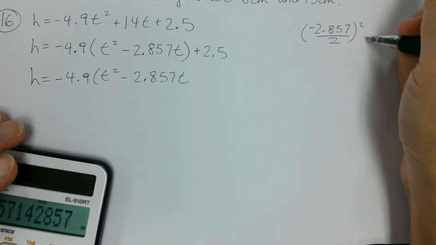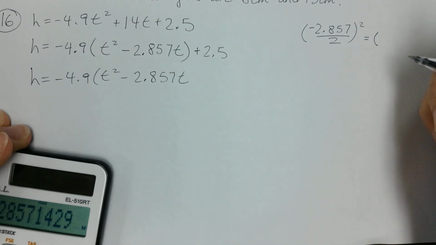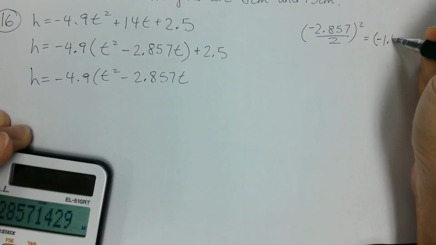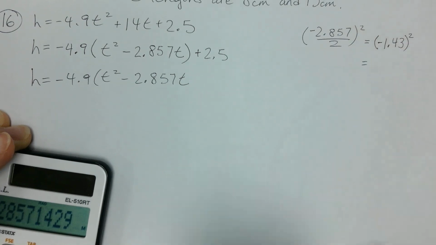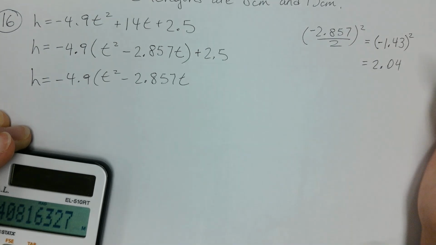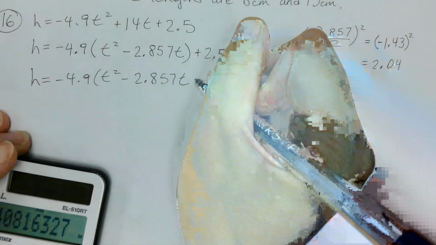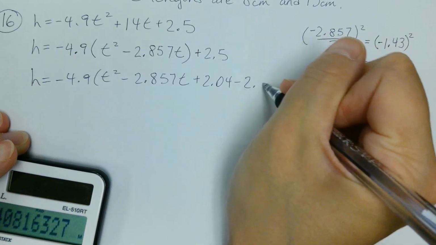Dividing it by 2, I get negative 1.43. And then when I square it, I get 2.04. So I'm gonna plus 2.04 and I'm gonna minus 2.04.